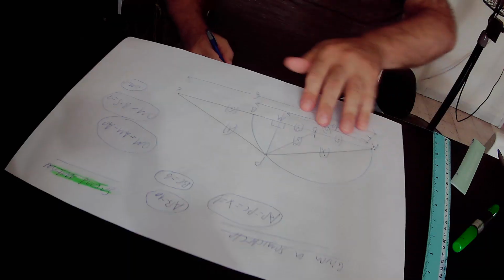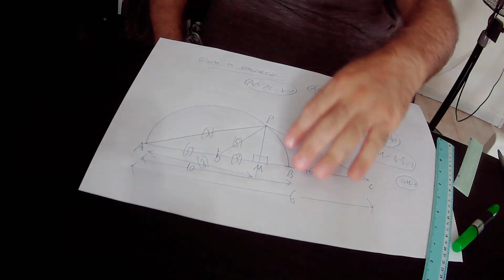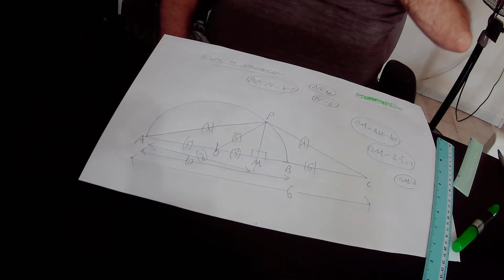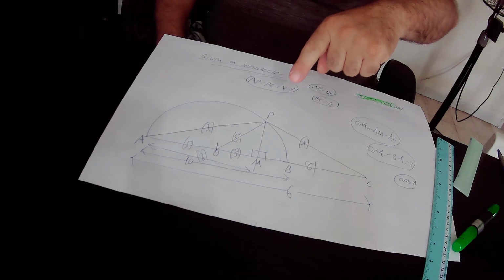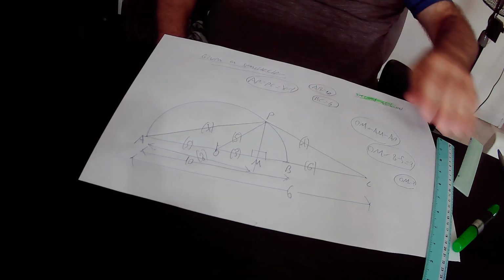So in the next step, I'll copy the small right triangle PMO to a new page and we'll implement the Pythagoras theorem on this small right triangle PMO.